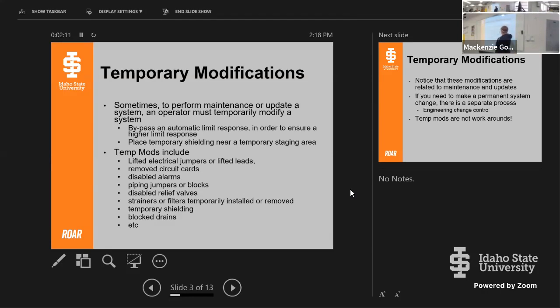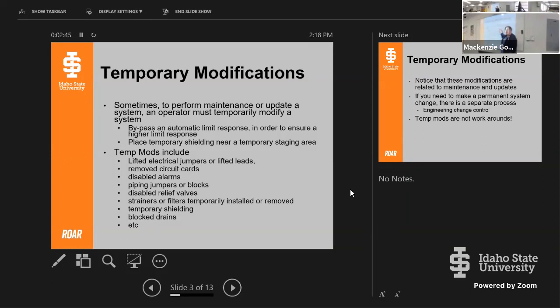Okay? So, bypassing an automatic limit response in order to ensure a higher limit response. This is a very standard example of a temporary modification you might make to a system in order to do maintenance testing, or even though our focus is going to be on maintenance because that's most common, a lot of safety systems have a requirement for a monthly or quarterly or yearly test of some of their higher limits.